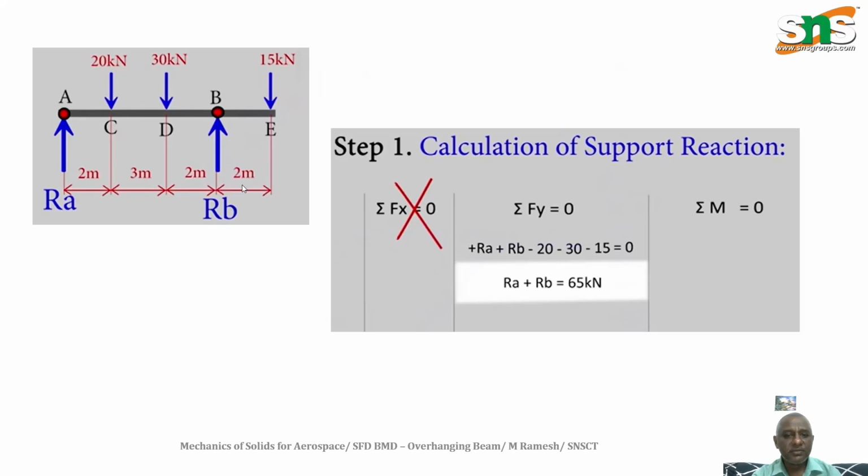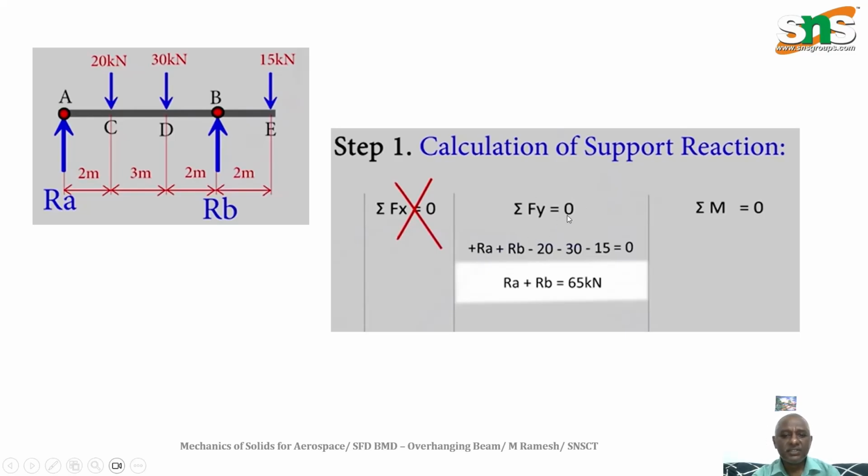One is the summation of all horizontal forces. Sigma Fx, that means all forces along the horizontal x-axis, added together will be equal to 0 with the sign convention. But here we have RA, RB as well as 20, 30, 15 kilonewton, and all the loads are vertical, so there are no horizontal loads. So sigma Fx equals 0 cannot be applied further. Then we can go for the vertical forces. The sum of all vertical forces is equal to 0.